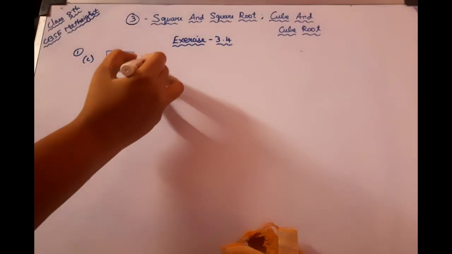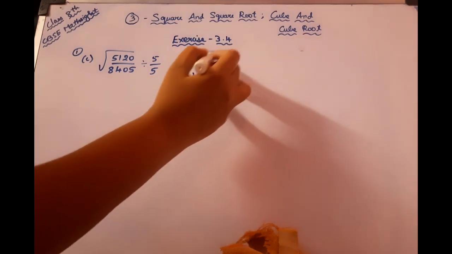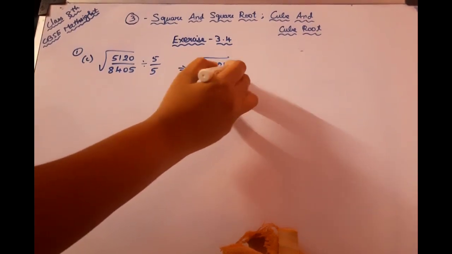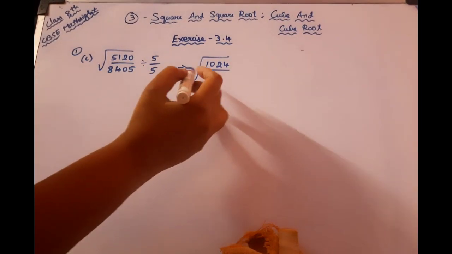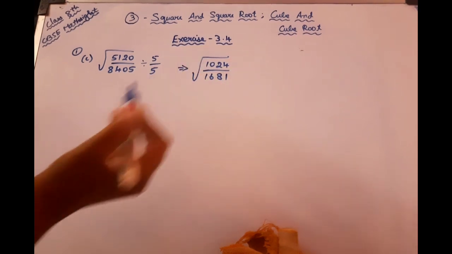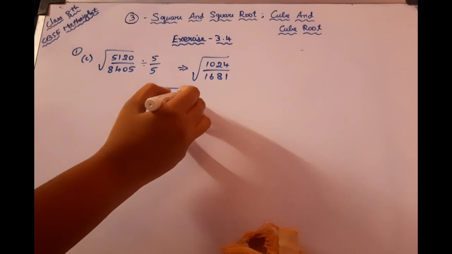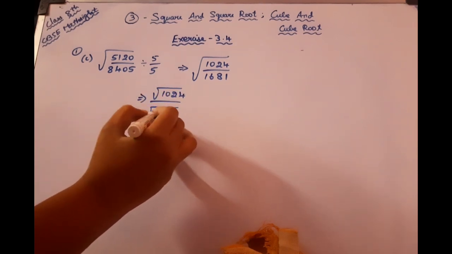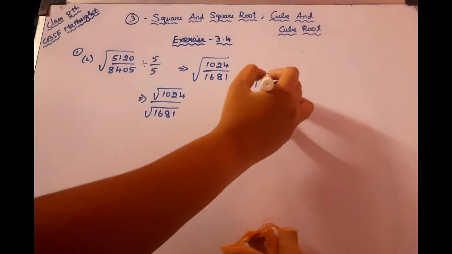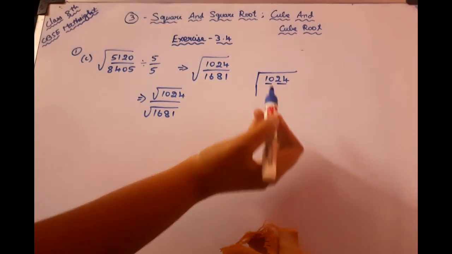Dividing by 5 on both sides, we get 1024 divided by 1681. Now we will find the square root value of 1024 by 1681. We can use the long division method for 1024. So first we have to solve 10.